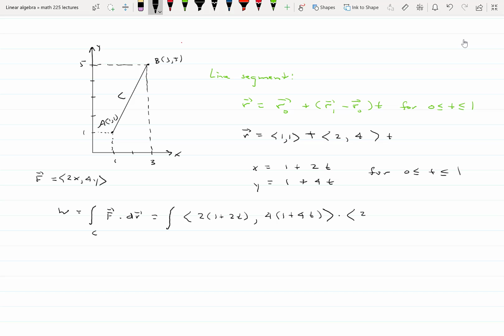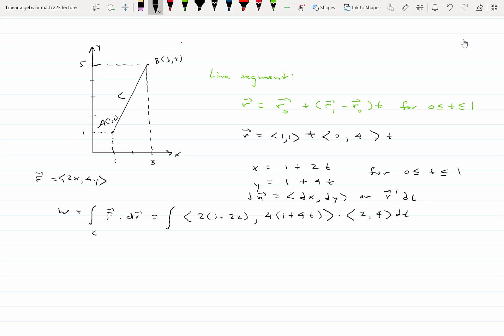It's (2, 4) dt. How did I get that? dr is the vector whose components are dx and dy. Or you can think about it as r prime dt.